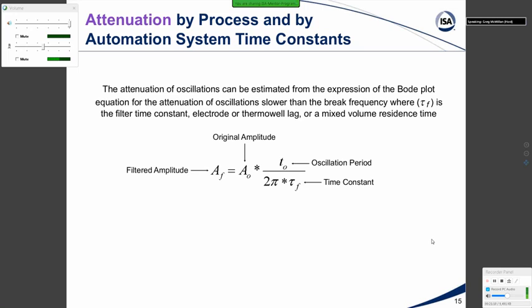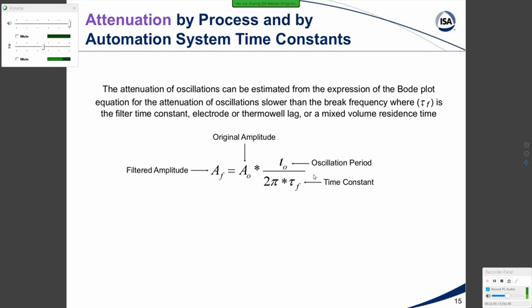If you have a large time constant in your automation system, and you wouldn't think of it normally being a problem, but hey, if you're talking about compressor pressure control or furnace pressure control, or if you have a fouled pH electrode, or you have an improperly designed thermal well with an air gap, you're going to end up with a big filter. And you'd like to know what is the original amplitude, because you're seeing the filtered amplitude.